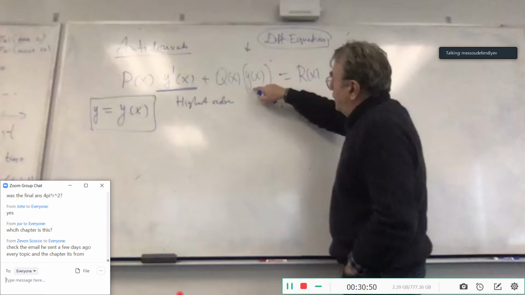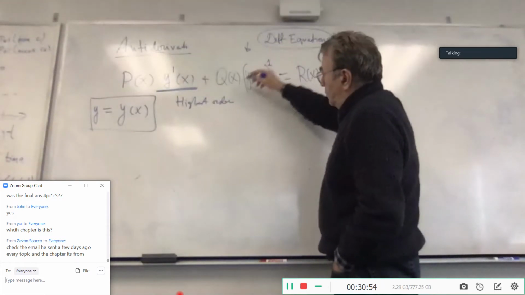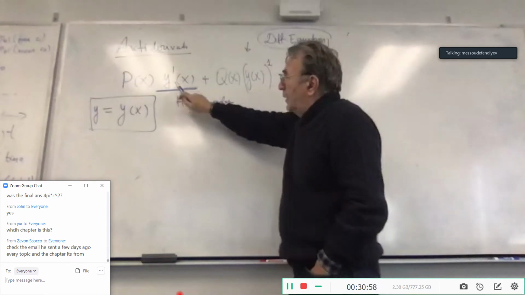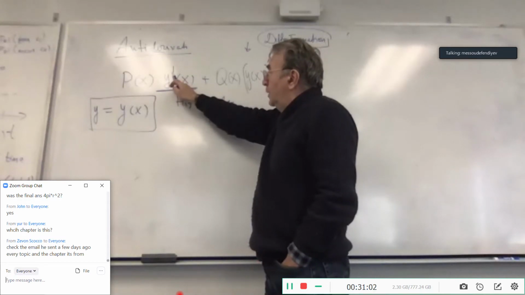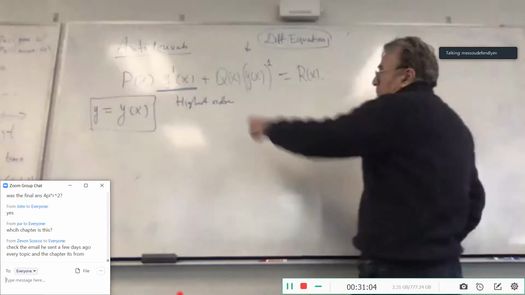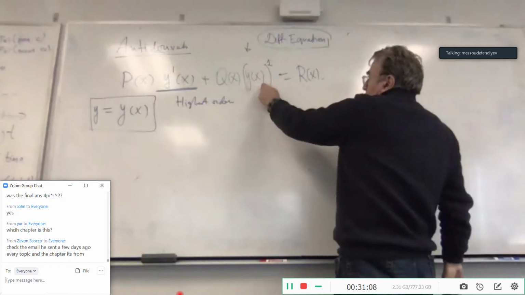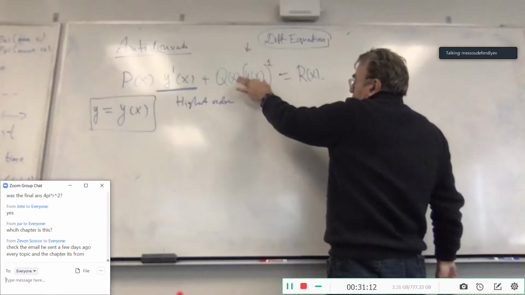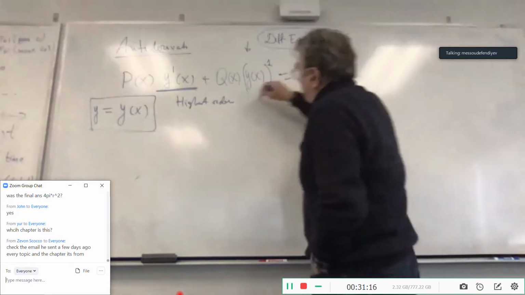Then you see that when n is equal to 1, this is called a linear equation, because first order means the maximum derivative is 1, and also the expression of y of x has power 1.